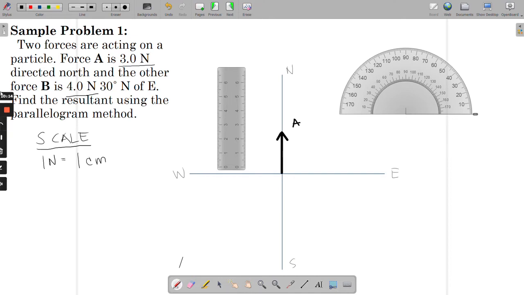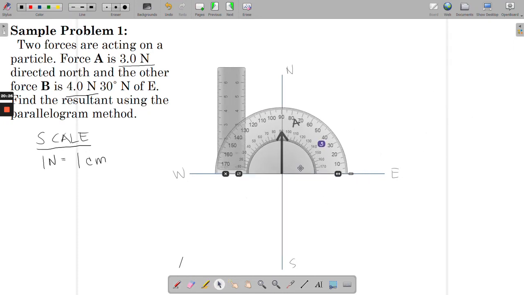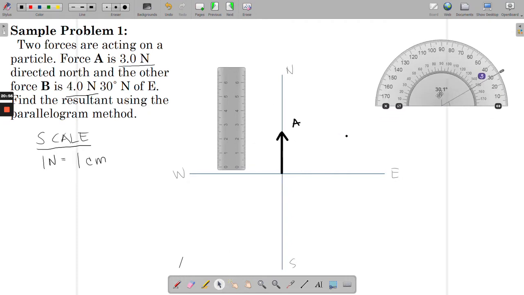Next, our vector B is 4 newtons. It's going 30 degrees north of east. So it's in the east and it's going north. So we have to measure 30 degrees. It's right there. Okay, it's not perfect, it's 30.1, but let's just say that's 30. Let's get our protractor out.